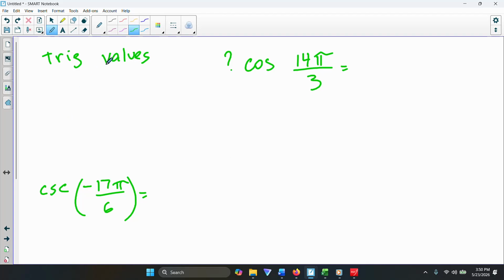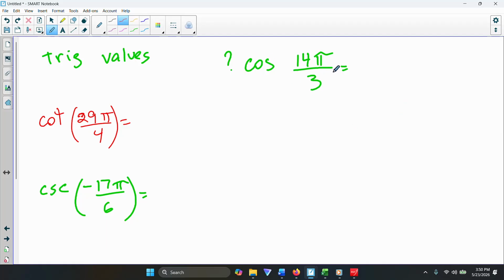So in fact, I'm going to do one more over here. Let's say this is cotangent of, let's say, 29 pi over 4. Okay. I already have an answer for that. I picked that number on purpose. It's really easy. But go ahead and pause it and see if you can do this.